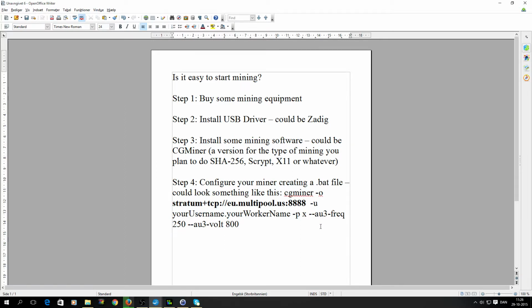It could also differ a little what info is needed here, depending on what mining equipment you have bought. But I suggest that you look into the producer's advice on the mining equipment that you have. It could be different. What is the recommended frequency and voltage?